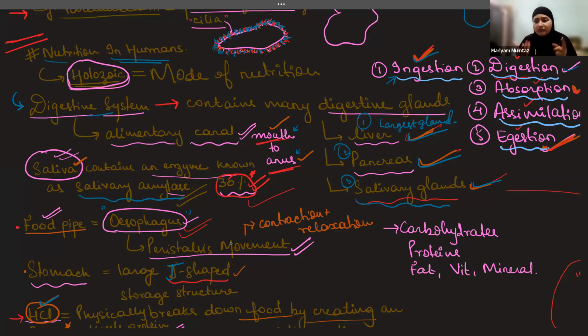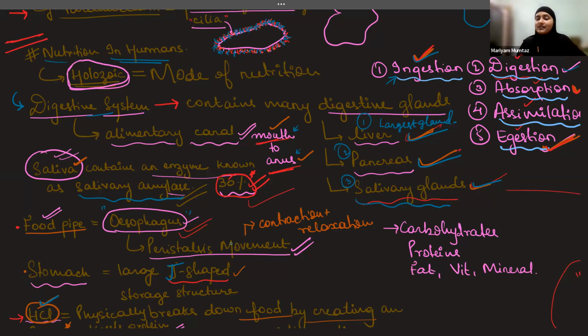When we put, for example, bread in our mouth, bread is so dry, how will it pass our food pipe? So as to lubricate the food, saliva is there in our mouth. The second function of saliva is that it contains the enzyme salivary amylase, which is very important for the digestion of carbohydrates.